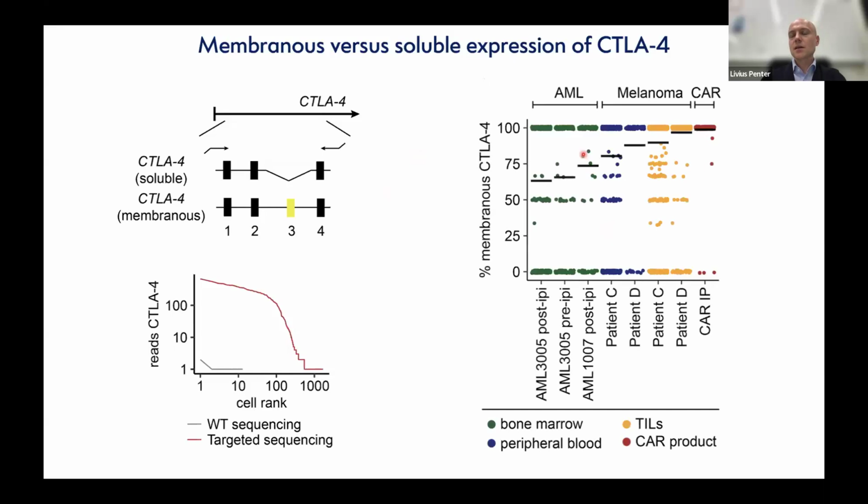And what I did was to compare the expression of the membranous CTLA-4 isoform across AML and other T cells. We can see quite dramatic differences in the expression of membranous CTLA-4 in T cells in AML compared to T cells in melanoma or even CAR T cells. So this is another interesting aspect that you can pick up with this technology.